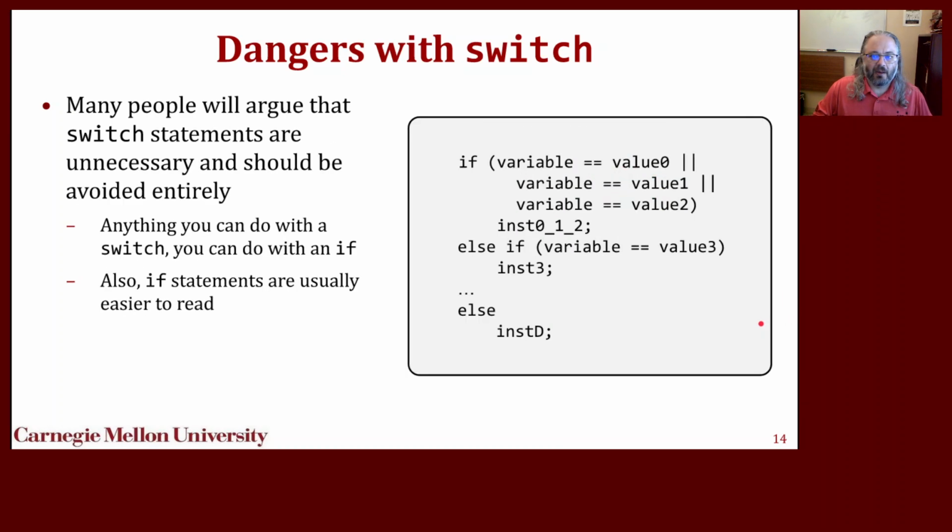So what most people would argue is to just use if-else statements, because not only is this easier to read, it's actually human readable: if variable equals value or variable equals value or variable equals value, perform this instruction. Not only is it easier to read, it's harder to make mistakes because there's no break to accidentally forget. There's no case that can fall through.